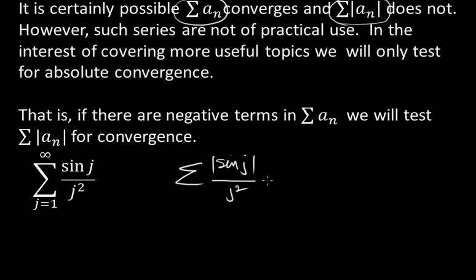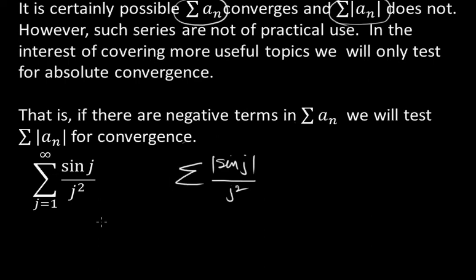Now, if this converges, we will say this series converges absolutely. Therefore, it converges in the regular sense, but converging absolutely is an even stronger kind of convergence, as you'll see when we talk about power series.